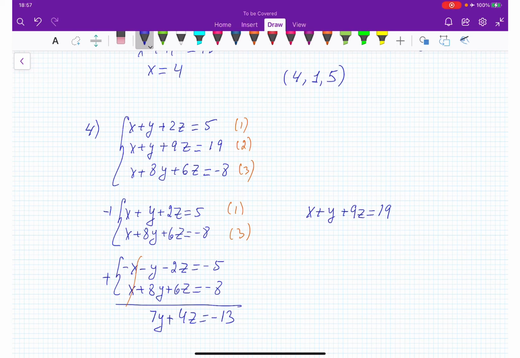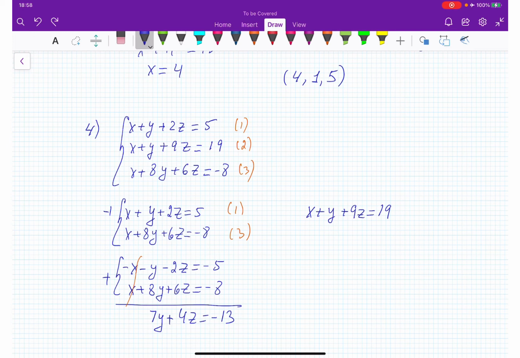Okay, so next we're going to choose either first one or third one, and we have to eliminate x, because here we have only y and z left. So in this one also we have to have y and z. So we must eliminate x. Whatever variable we eliminated, now we have to eliminate the same variable here also.